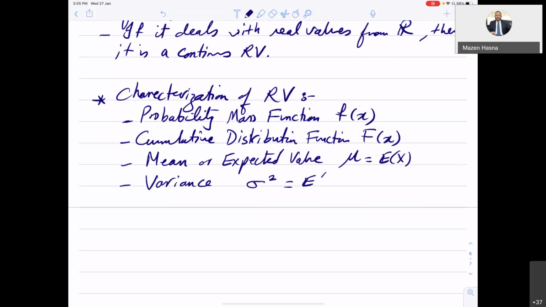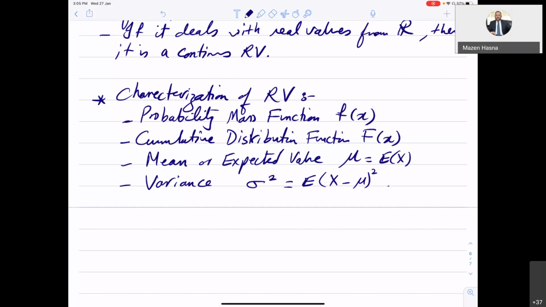Also, we write it as expected value of x minus mu all squared. And we'll define each one of those, and we will see how we use them, or what they mean.